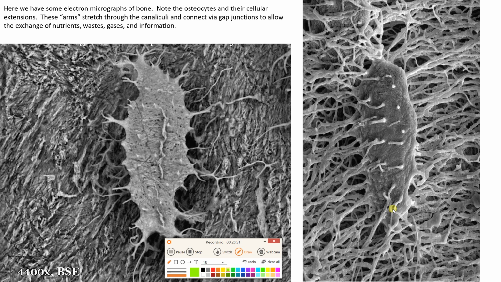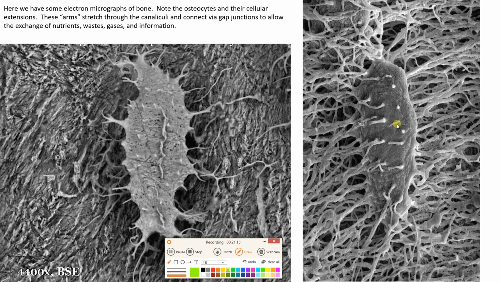The arms and legs, by the way, are called filopodia, but that's not on your test. But osteocytes have just a great amount of communication with each other because they're always measuring bone stress. So your body can know what to do to maintain bone homeostasis. I almost said bomeostasis. That's a cool new word.